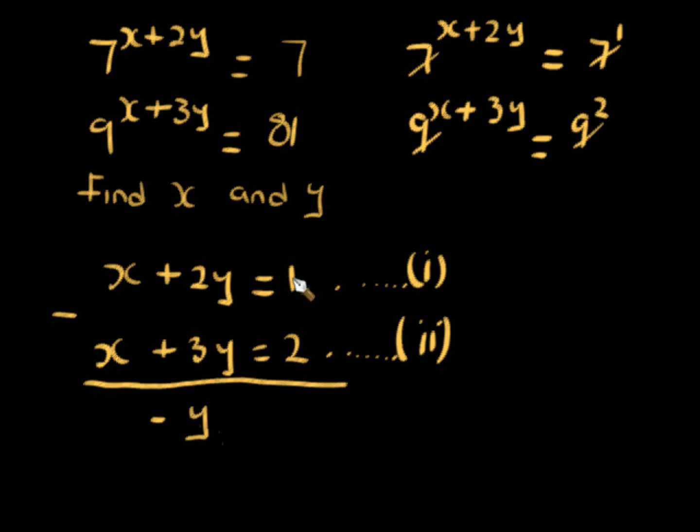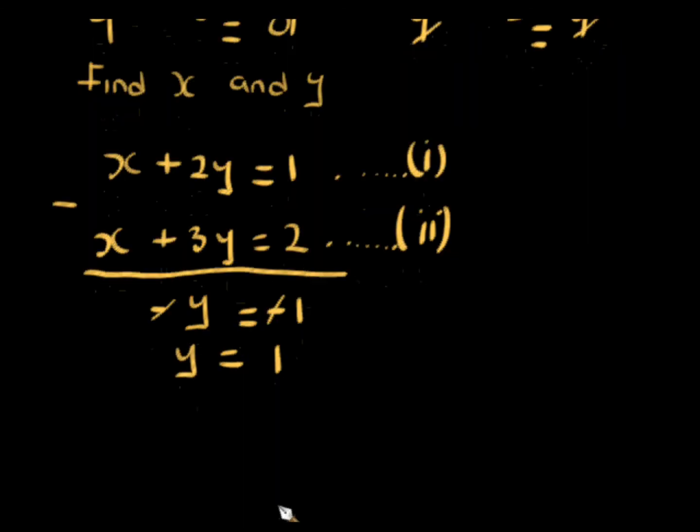Here also we have 1 minus 2, and what we have there is minus 1. So this negative sign cancels this negative sign, and in the end, y is equal to 1.